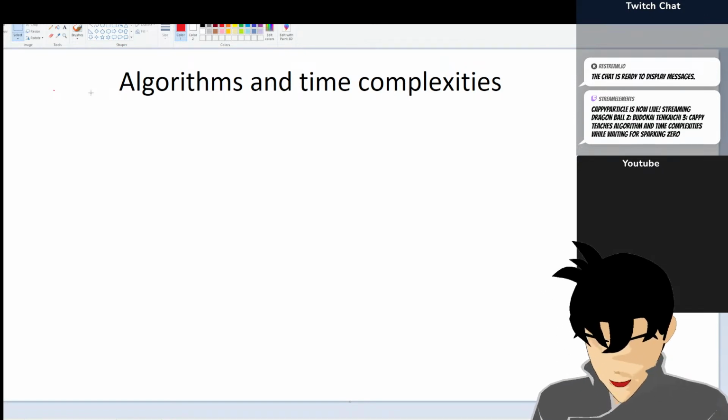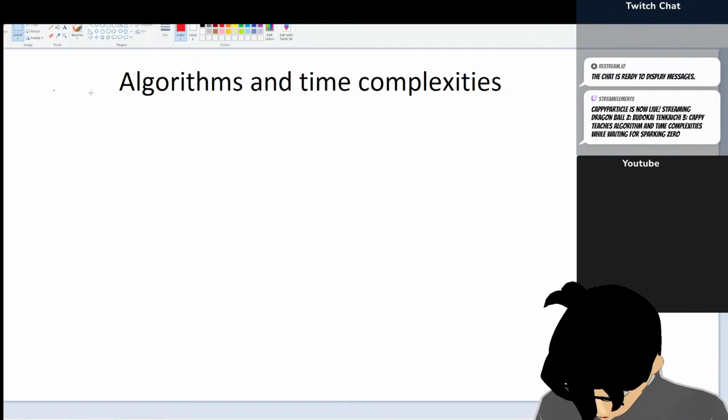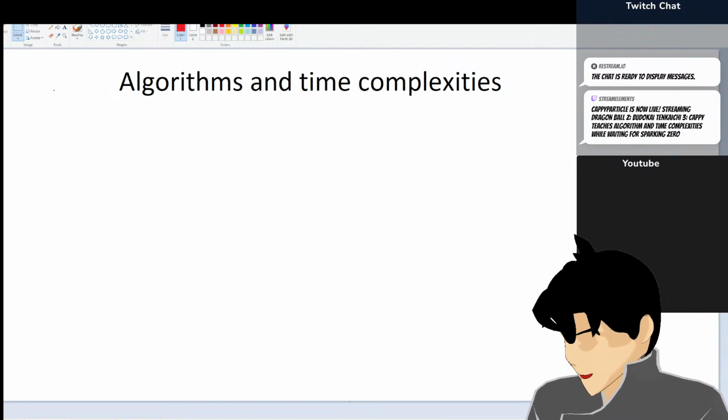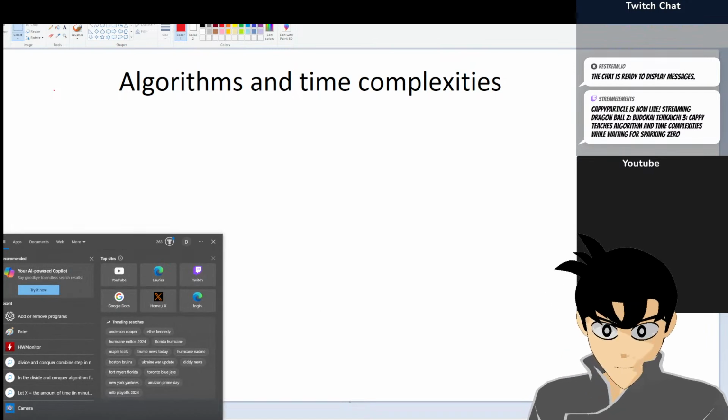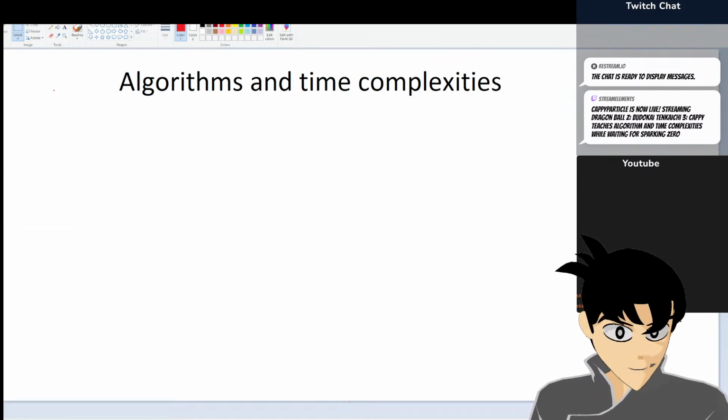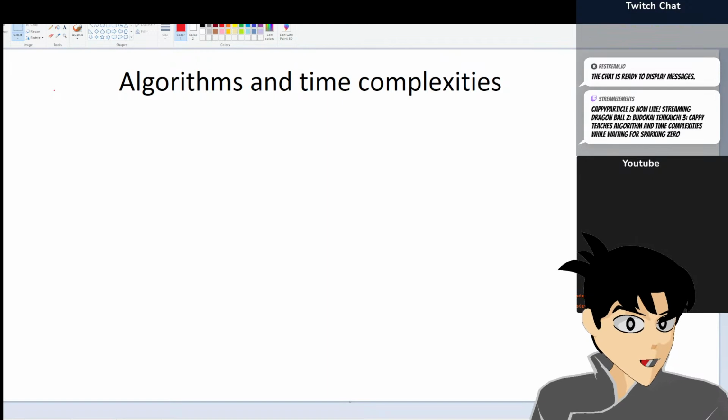Maybe I should have done this in my art drawing program, you know? Let me go do that actually. Oh, now it shows up. Okay, it just took a long time.